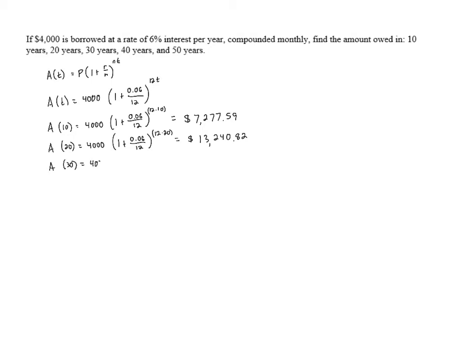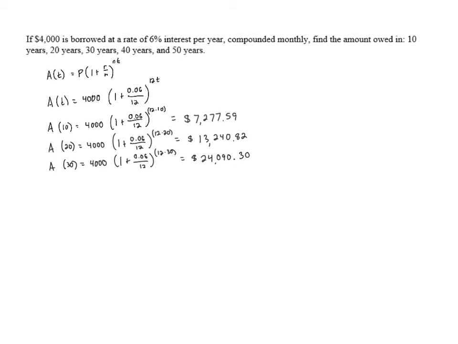If we wait 30 years, the only thing that's changing here is the value of t, which goes at the very end. If we end up waiting 30 years, then this ends up costing a total of $24,090.30.